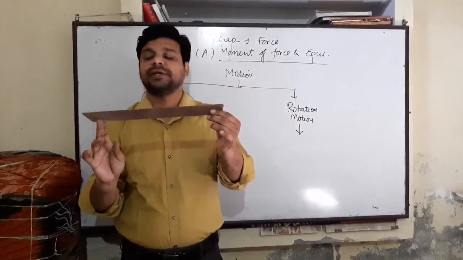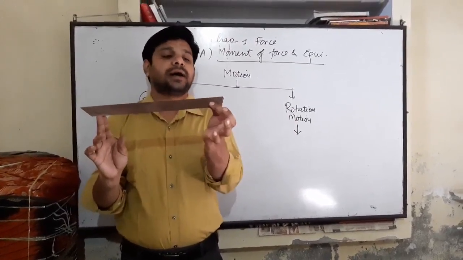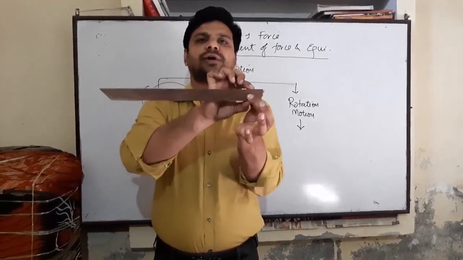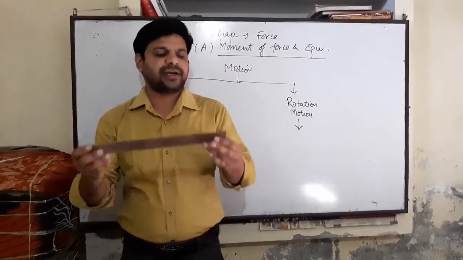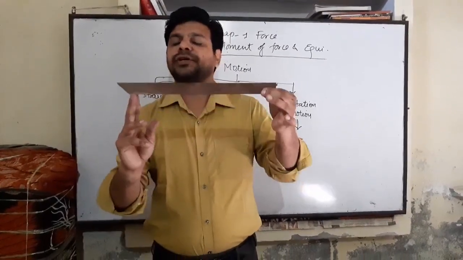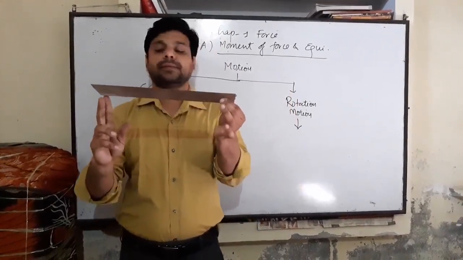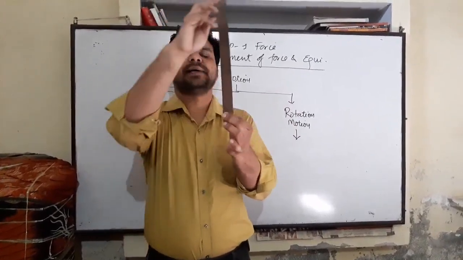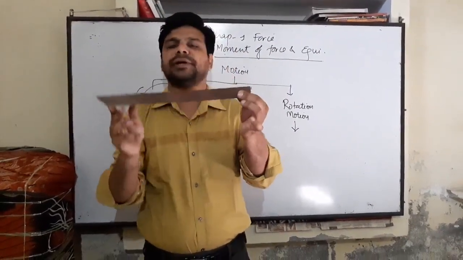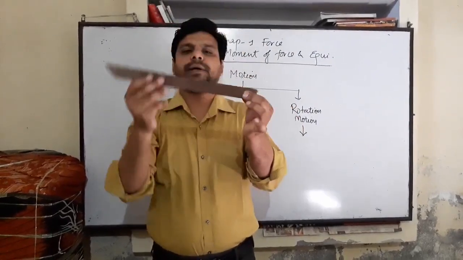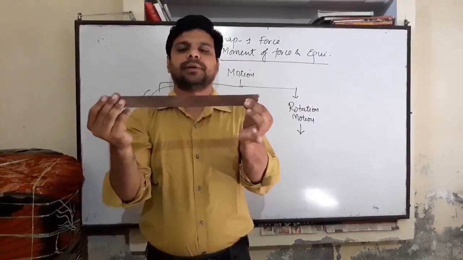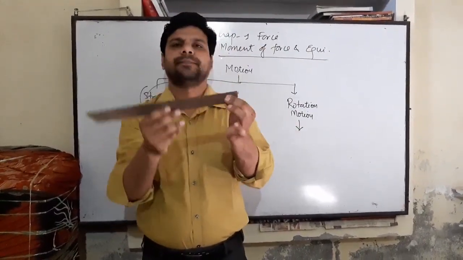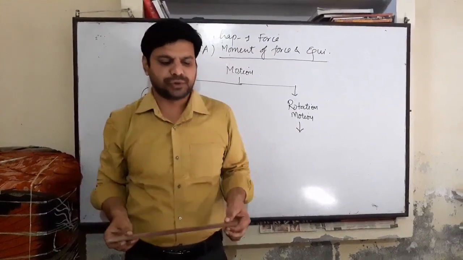So rotation motion is the motion of any object about a fixed point, which is called axis of rotation. So if we apply force on this point of this pivoted body, a rod, then it will move on a circular path. The whole body moves on a circular path. It is called rotation motion.